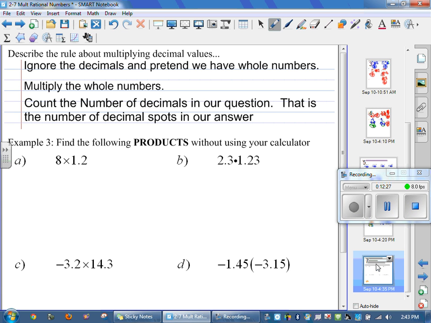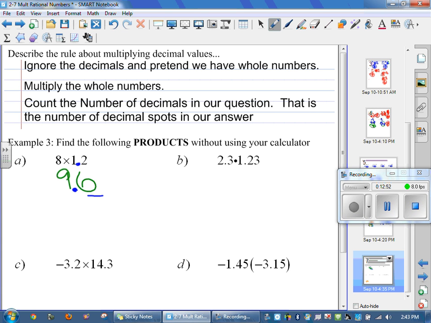So on this one, if I just take 8 times 12, that would give me 96. Now I have one number after the decimal place, so I'm going to put my decimal between them so I have one number after my decimal place. That's a good strategy to use, especially if we don't have our calculators.